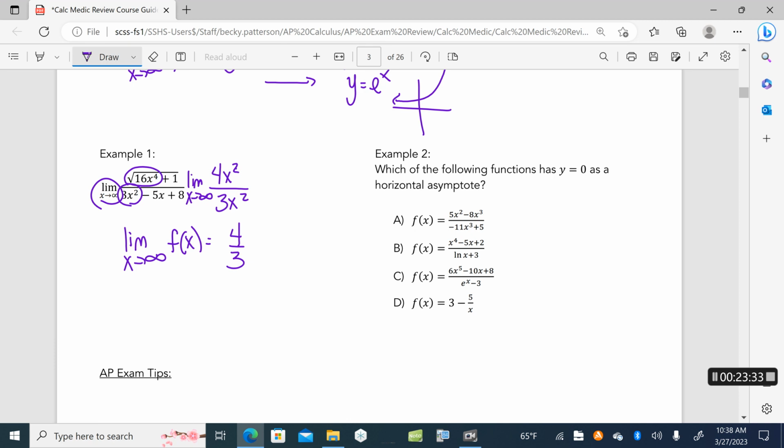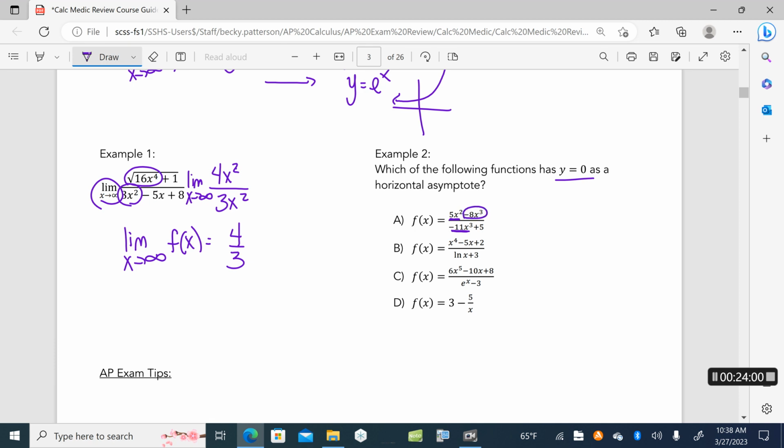Example number 2 says, which of the following functions has y equals 0 as a horizontal asymptote. If I'm a rational function, I know that I want the degree of the numerator to be smaller than the degree of the denominator, or I want the denominator to be bigger. A is tempting me to think that way because they have the leading coefficient as a 5, but they have put this out of order.